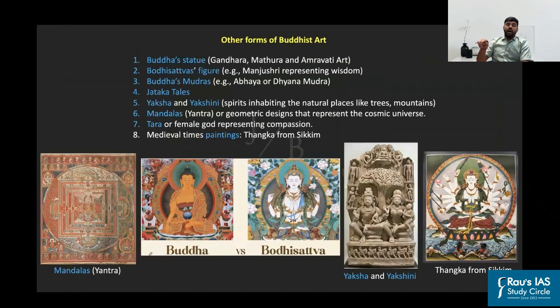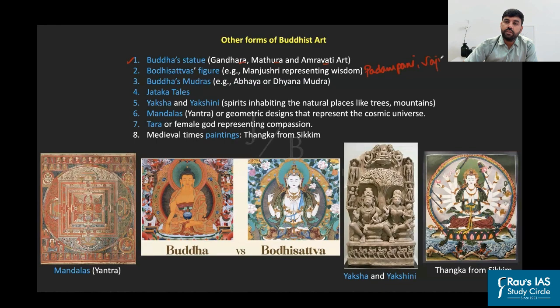Other forms of Buddhist art. This is very important. Because who knows, UPSC might ask a question from the other forms of Buddhist art as well. Now we have examples over here. The first one is Buddhist statues, right? Gandhar, Mathura, Amravati. We will discuss that in detail later on. Bodhisattva figure, Manjushri, Padampani, right?